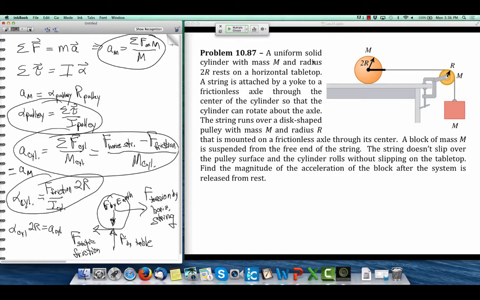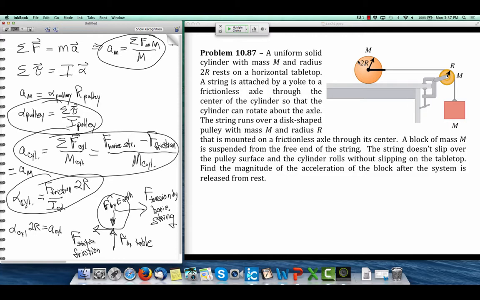Any questions on that kind of an issue? Yeah. Will the acceleration be the same for every object if every object has the same mass? The acceleration is going to be the same for this object and that object because they're connected by a string that doesn't stretch.